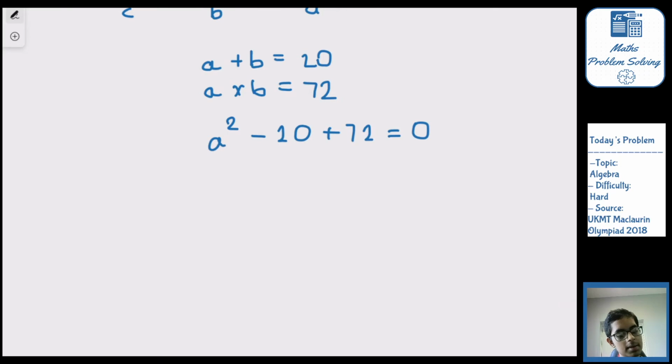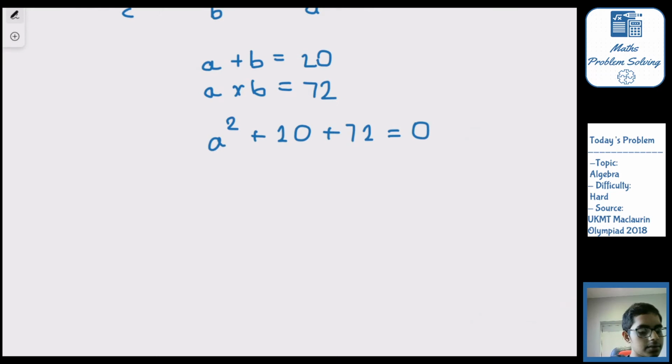Since, remember, the sum is 20, sorry, and the product is 72. The reason why I'm writing this as minus is so the solutions will be positive, but I think for simplicity I'll just write it as plus 20.